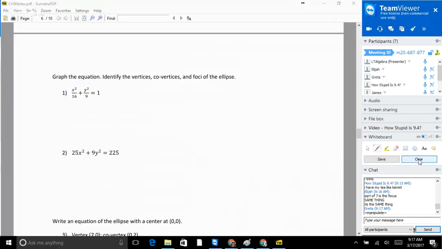Okay, so what you want to do in order to get a 1 over here is divide by 225. So what's 225 divided by 225? It's just 1, right?